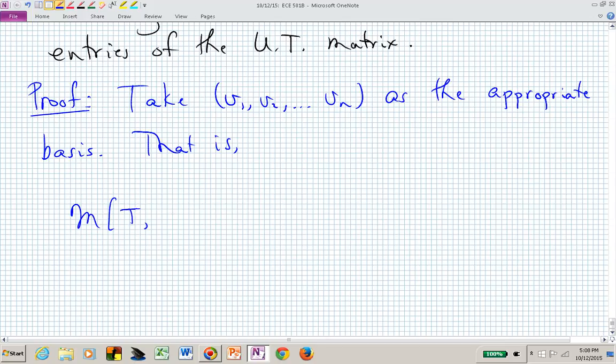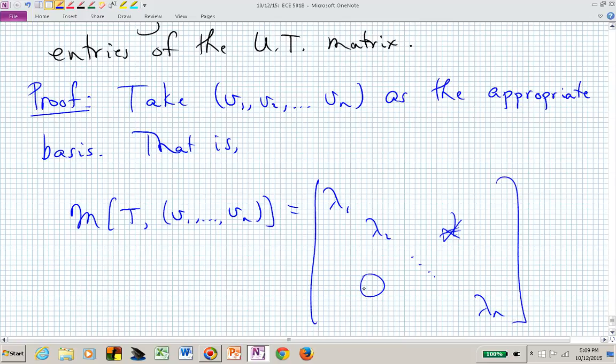That is, the matrix of the linear operator T on v1 through v sub n has lambda 1, lambda 2, lambda sub n on the diagonal, arbitrary above, 0 below the diagonal.